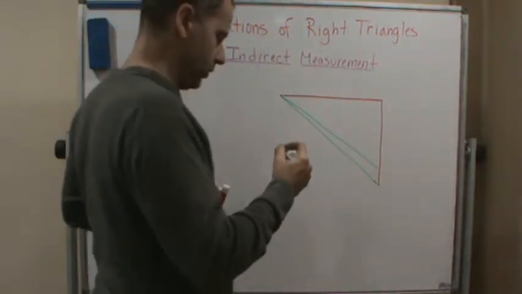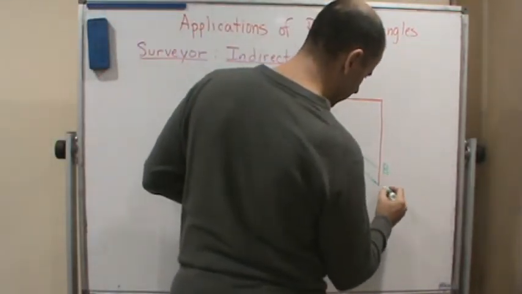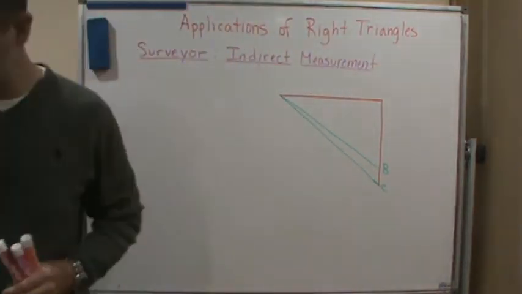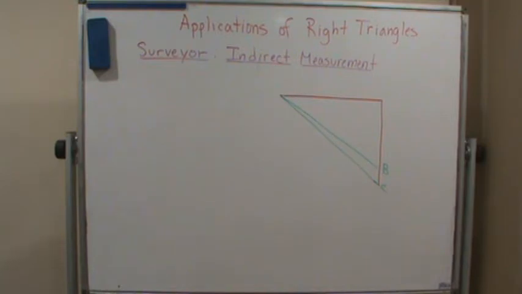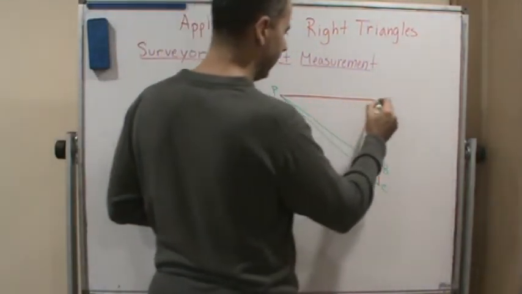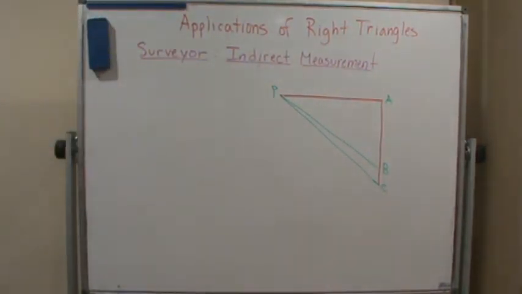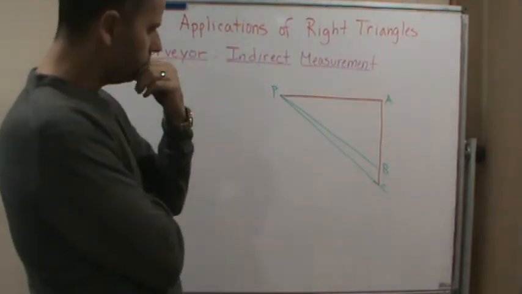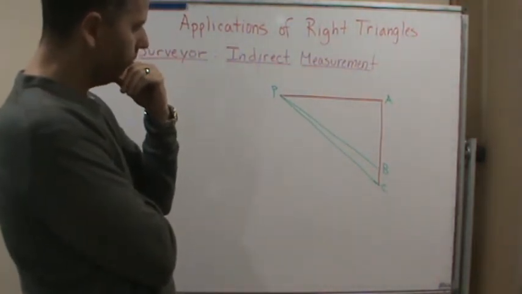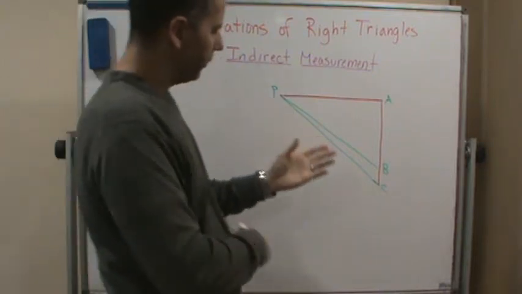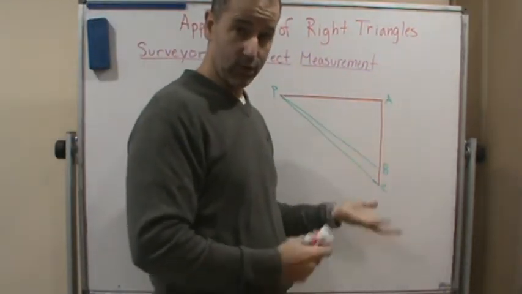So here's B and C, and this is labeled P, and this is labeled A. They're located in a marsh, and we want to find the distance between B and C. Obviously, since they're in a marsh, it's going to be hard to measure by going out there with a tape measure.